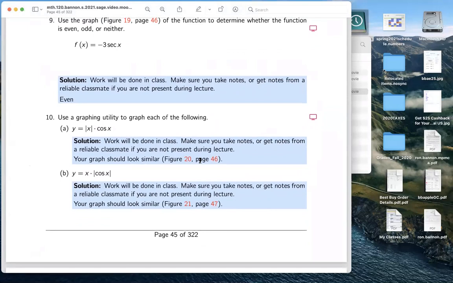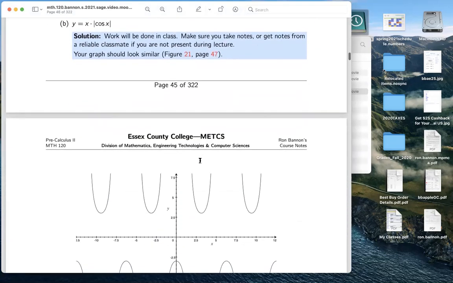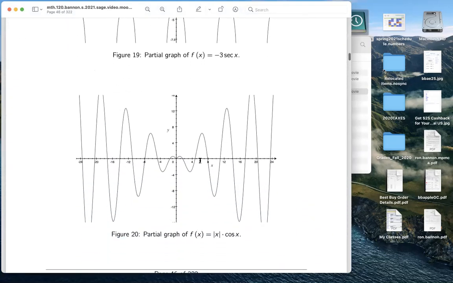It says use a graphing utility to graph each of the following functions. Right, so the first one says graph y equals the absolute value of x times the cosine of x. We'll do that in a second. The next one says graph x times the absolute value of cosine x. And then they said we'll get these pictures over here. Let's take a look at them.